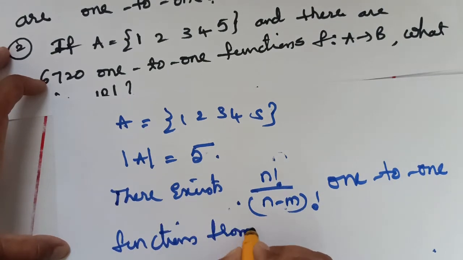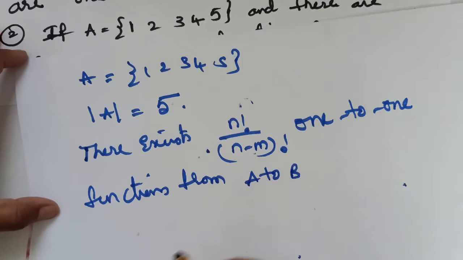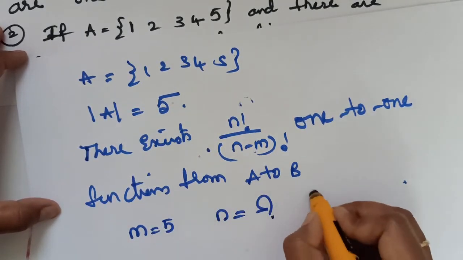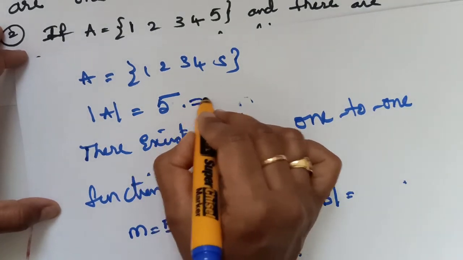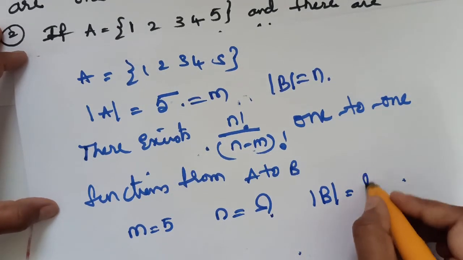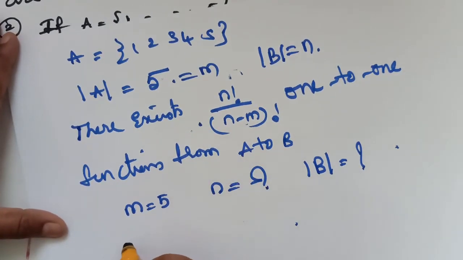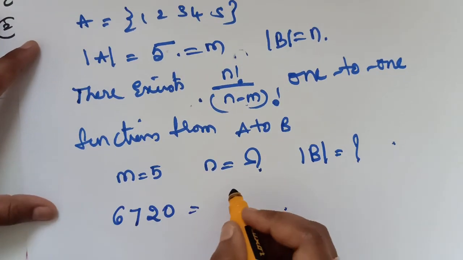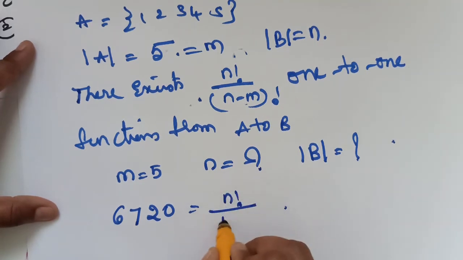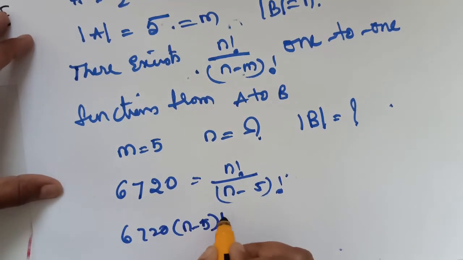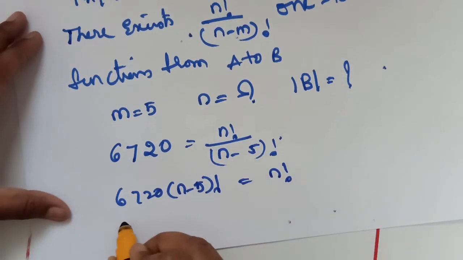So here m is 5, and the n value you need to find out, that is the cardinality of set B, mod B. So substitute here, there are 6720 one-to-one functions, so n factorial by (n minus 5) factorial. So 6720 into (n minus 5) factorial is equal to n factorial.